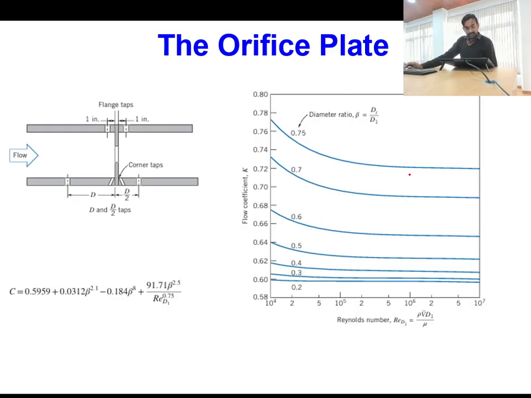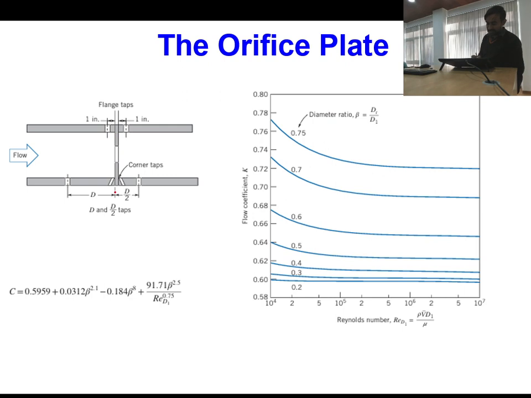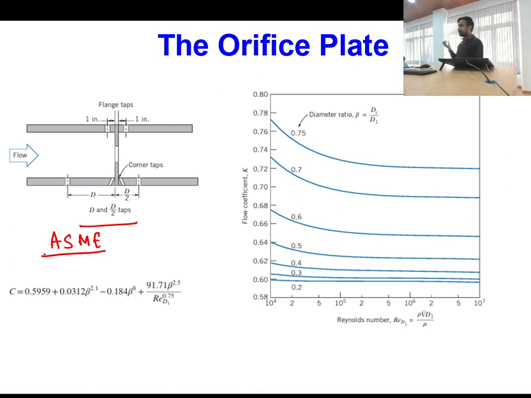Okay. Now we can see that if we have an orifice plate, these are the designs as per the ASME standards. If you have to develop one orifice plate for a pipe, you can use pressure tappings in three ways.